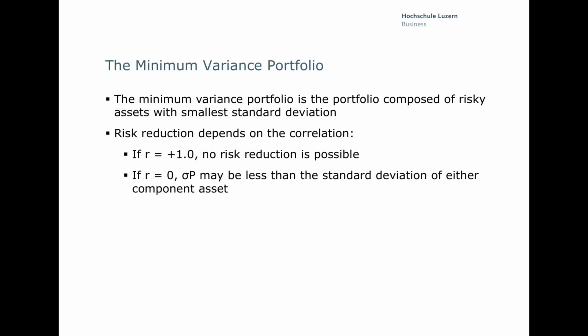Potential benefits from diversification arise when correlation is less than perfectly positive. The lower the correlation, the greater the potential benefit from diversification. The extreme case of perfect negative correlation is when we have a perfect hedging opportunity and we can construct a zero variance portfolio.